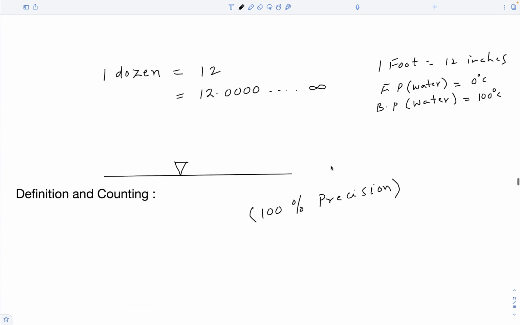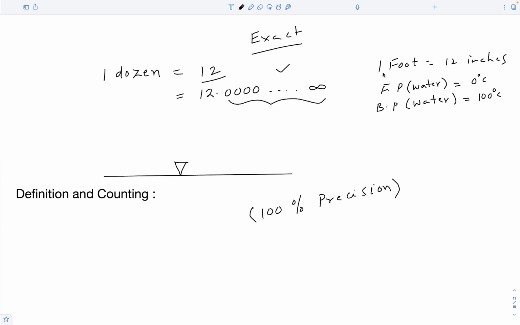Similarly, values that are assigned by definition are also exact values. By definition, 1 dozen is a group of exactly 12 items. We defined it that way. We said so. That is why we sometimes write 1 dozen as 12 with an infinite number of zeros in the decimal part to indicate that its value is exact.